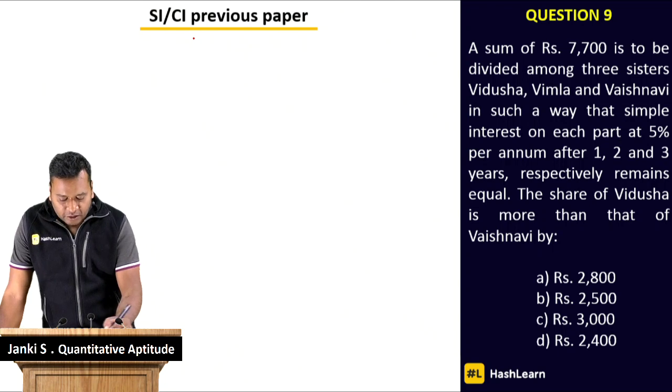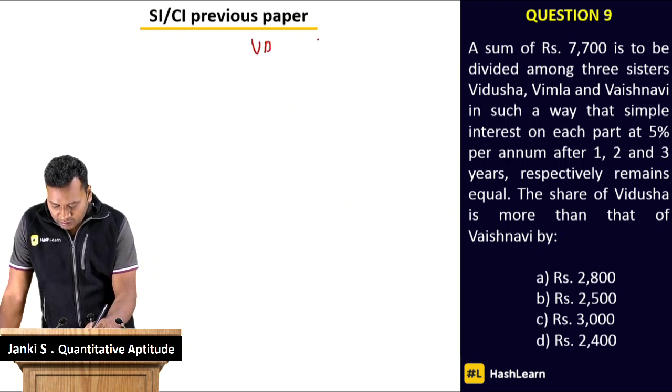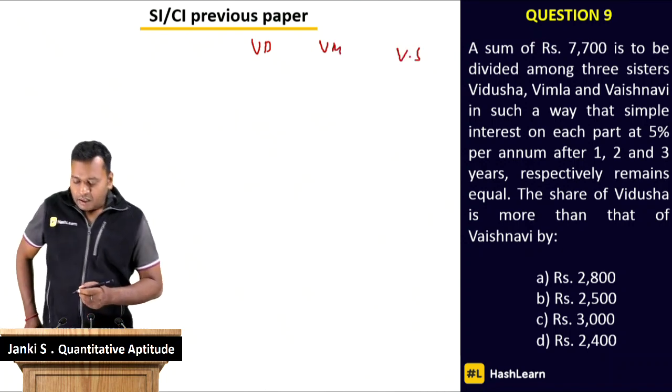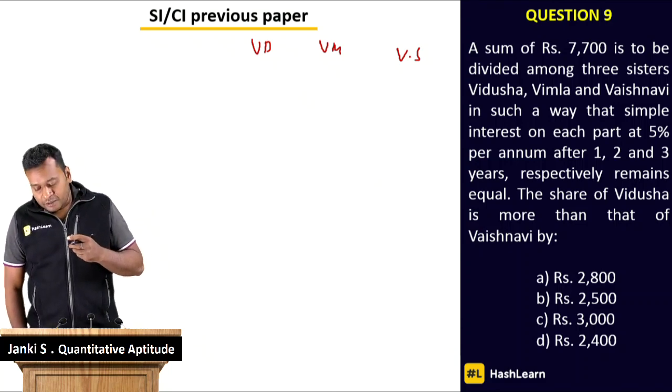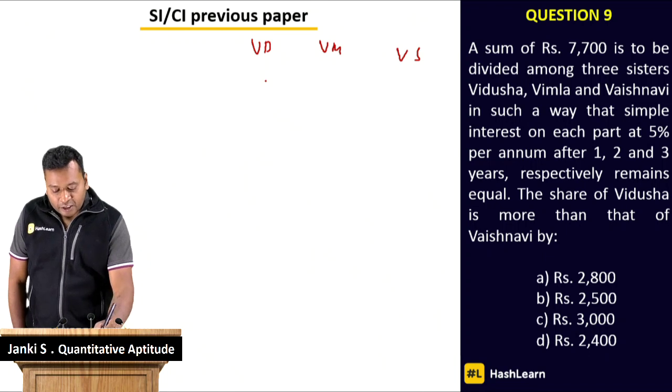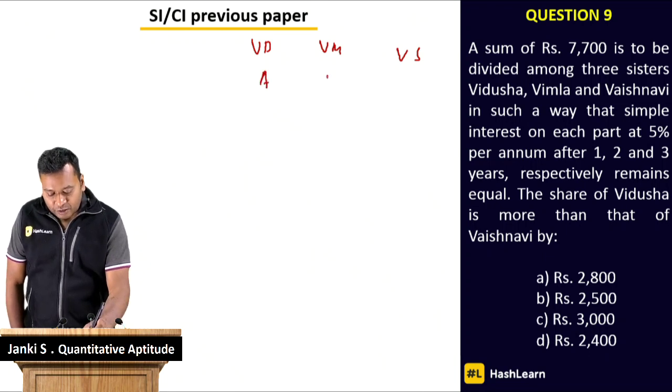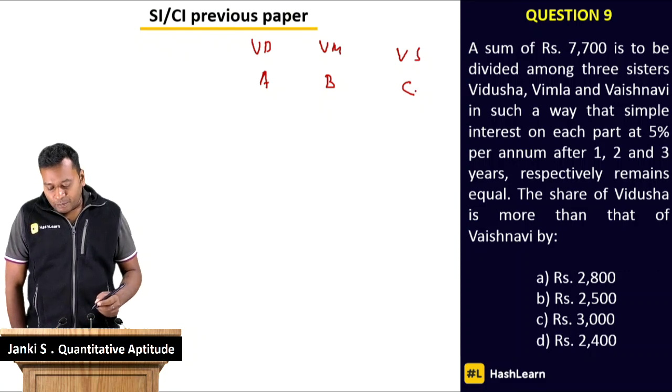Okay, so 3 people are there. I'll mark Vidusha, then Vimala and Vaishnavi, right? Let's mark in this format. So the overall summation was 7700 here. Let's say this receives A rupees, this receives B rupees, and this receives C rupees. So how much is the interest? 5%.